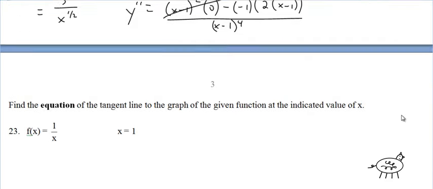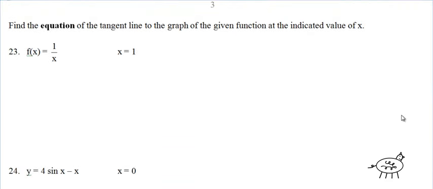Okay, let's move on to 23. Find the equation of the tangent line to the graph of the given function at the indicated value of x. All right, so again, to find the equation of the tangent line, we need to find the slope. So we're going to do f prime of x. And again, if you want to use the quotient rule, that's cool. Bottom times the derivative of the top, 0, minus the top times the derivative of the bottom, which is 1, all over the bottom squared.